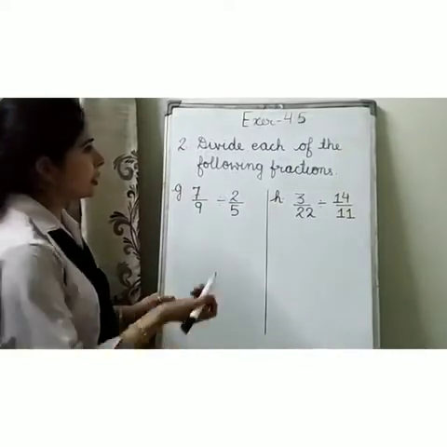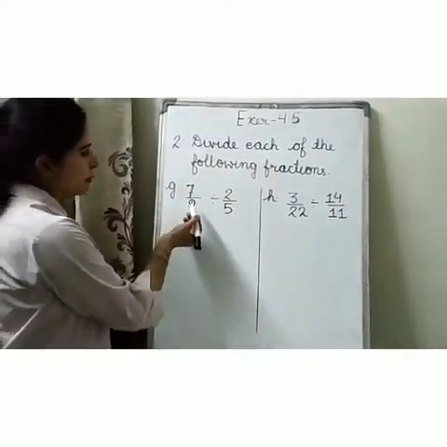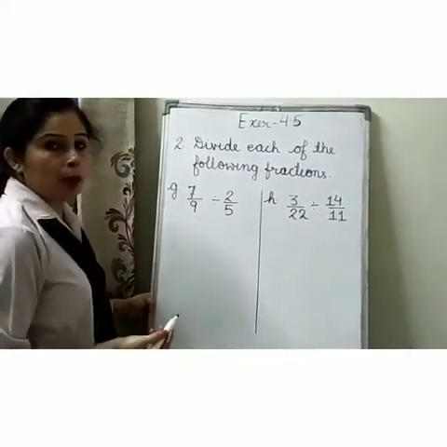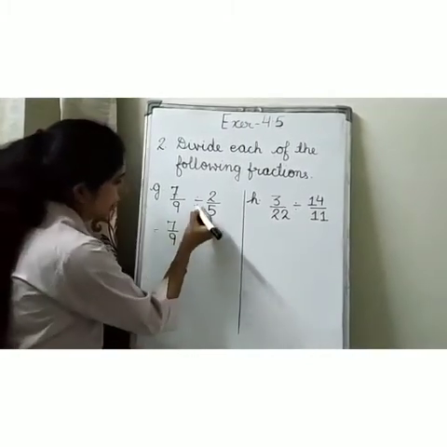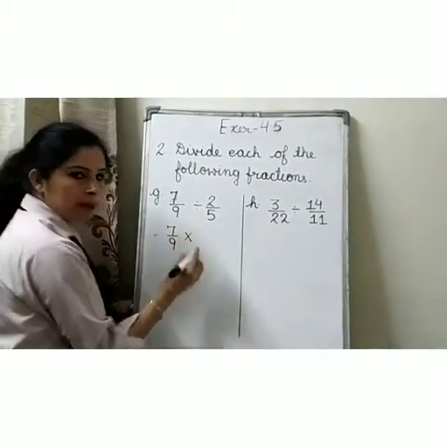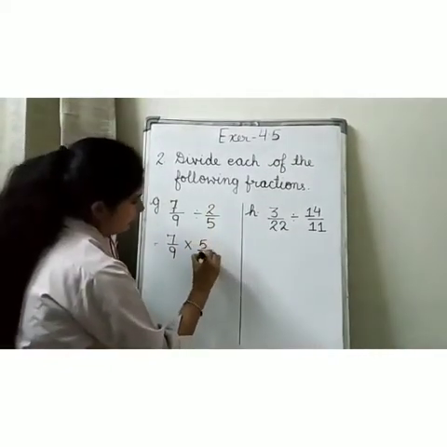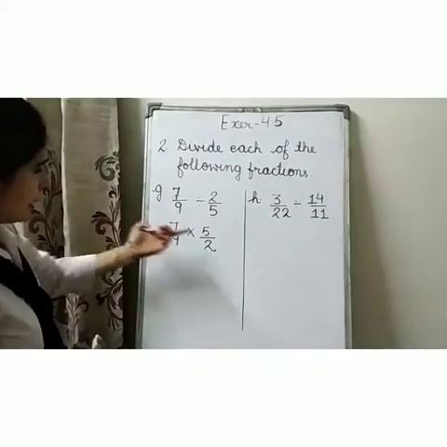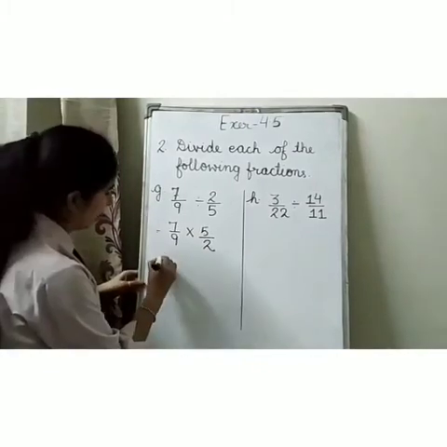Our second question is divide each of the following fractions. G part, 7 over 9 divided by 2 over 5. Both are proper fractions. 7 over 9, first step, change the divide sign into multiply and write the reciprocal of 2 over 5. That will be 5 over 2. Do the cutting if possible. 7, 5, 2. These three are prime numbers, so no cutting.